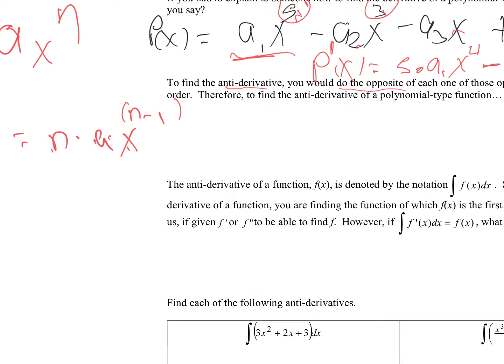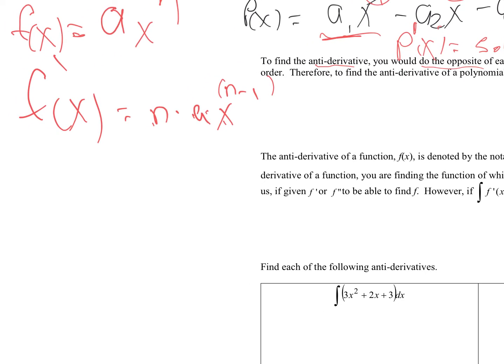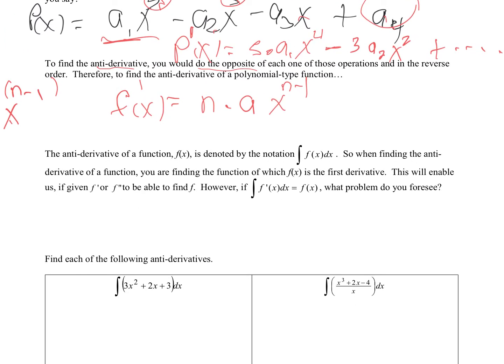So if I start out with, let's say, I wonder if I can do it from this generic one right here. I'm going to try. If my derivative was equal to n times that constant a, x to the n minus 1, how would I get this back to the function? Divided by n times.